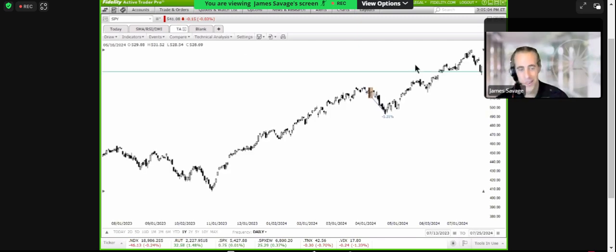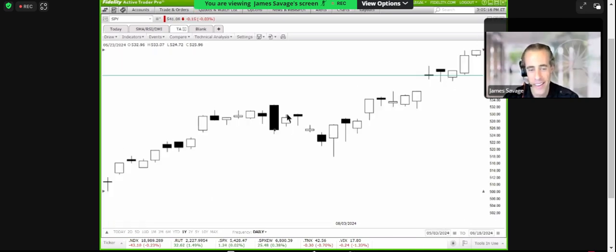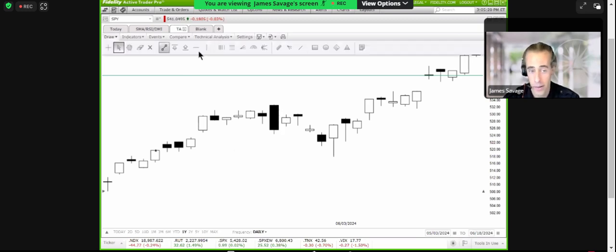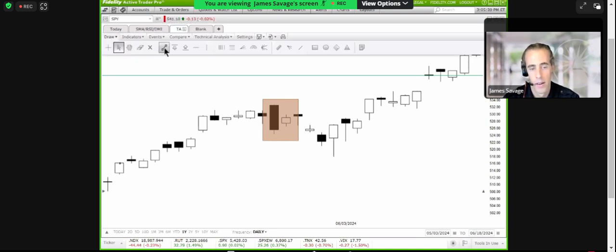So it's not always going to look exactly like that textbook example where it's going to fall perfectly within the middle, but we can find these, and here we go, right? Another example, similar to what we just looked at, with the filled body and the hollow body encompassed by the prior.